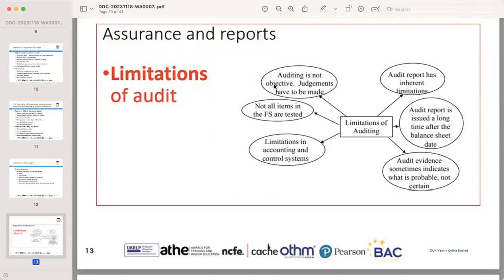Let's say you are an auditor going somewhere. If it's a big company, there will be thousands of transactions to check. Obviously you will choose the specific ones you think are more important, using probability, like sampling and testing.